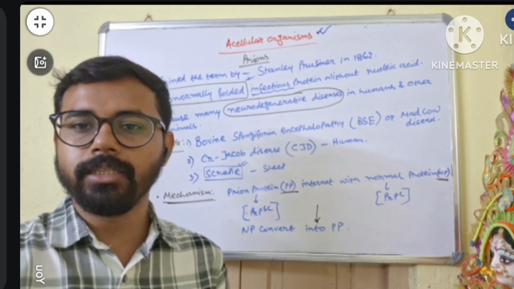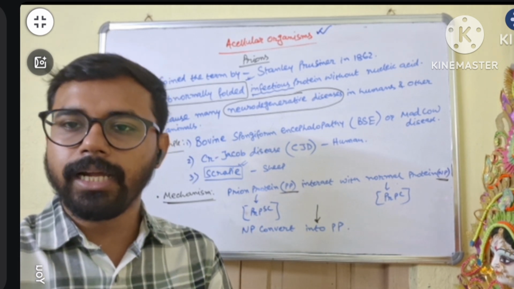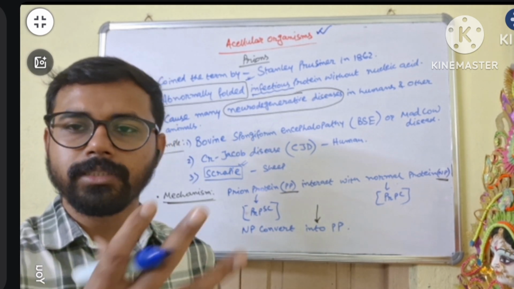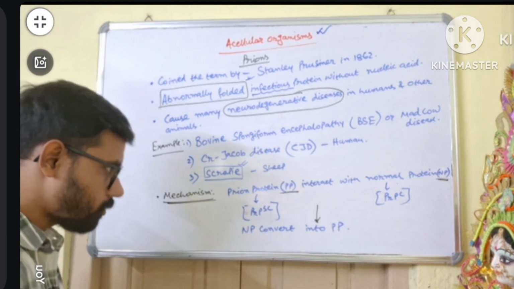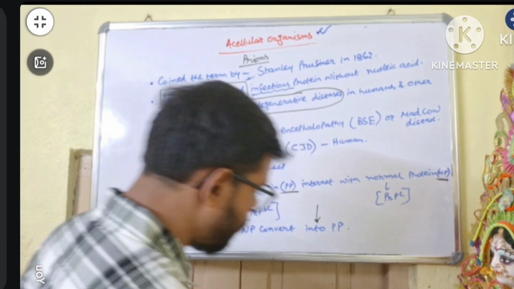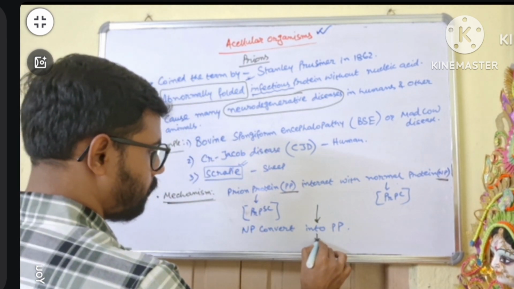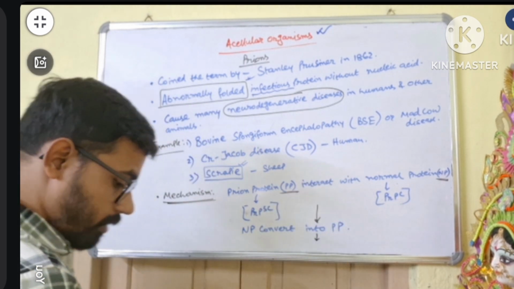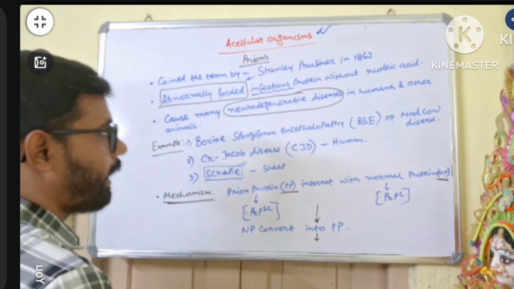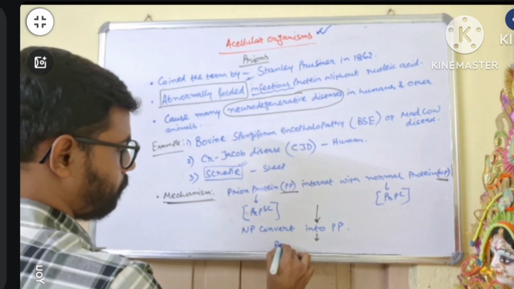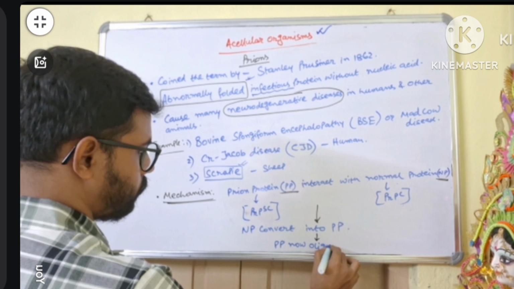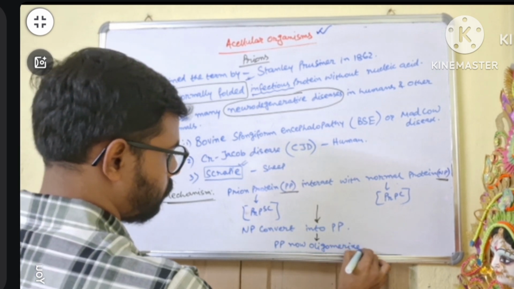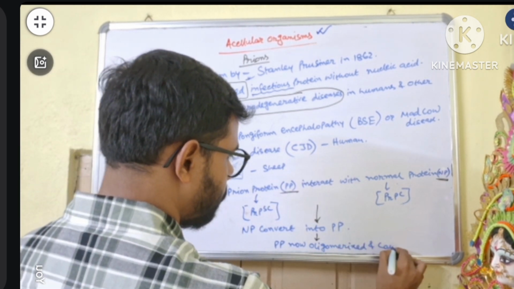That means prion proteins start to interact with each other and form oligomers. Oligomerize means clump formation. So after NP converts into PP, the PP now oligomerizes and causes problems and causes disease.